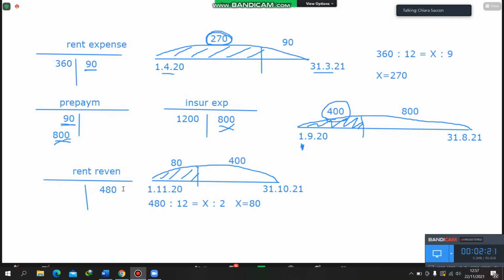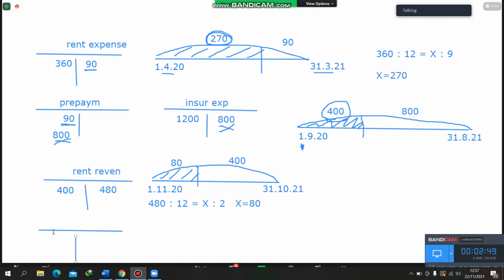To make this become 80, we include here on the opposite side the amount to be rectified, 400. And at the same time, we open the account prepayment. We use a prepayment related to expense, and it is separated from prepayment related to revenues, so we can see the amount of each one.